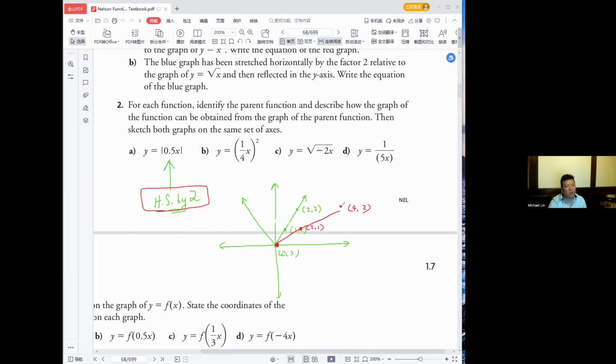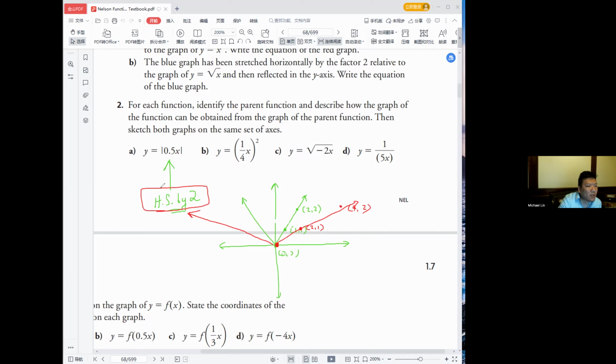So my graph actually looks more like this. Okay, so this is how we can use the transformations in order to sketch our graphs. Because we know what transformation is happening, then by using the parent function, we can visualize what the resultant function is going to look like.